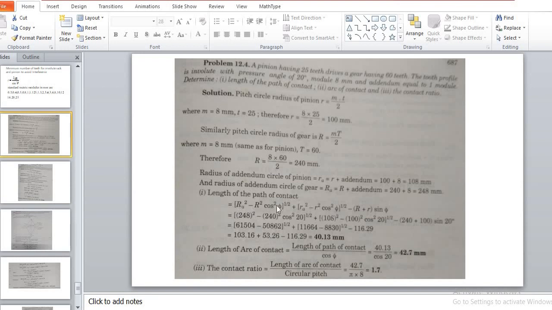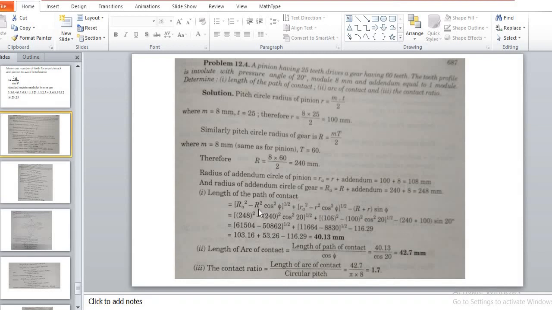Now we have to find these values. In this expression, there are five terms: the phi term, the capital R term, the capital R_A term, and for the pinion, the small r_A term and the small r term. These five terms we have to find out.